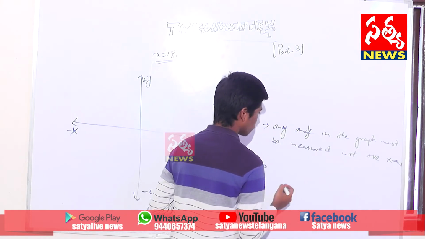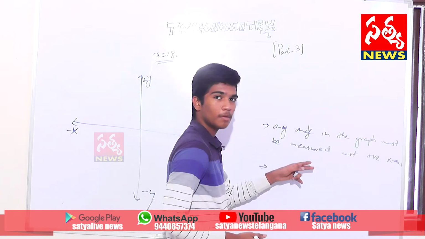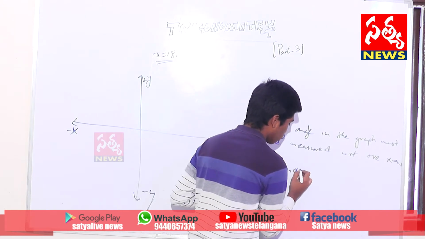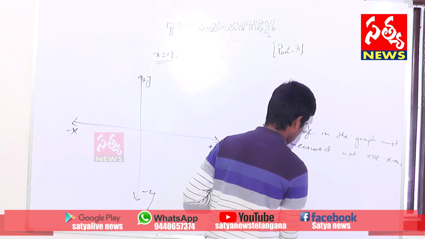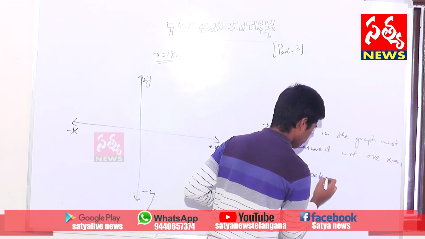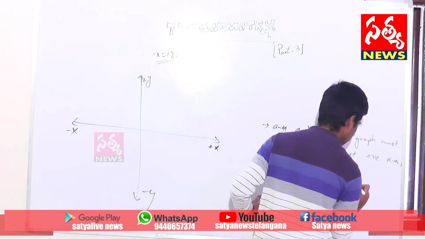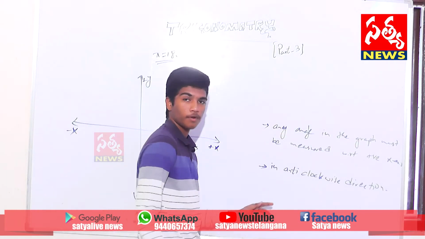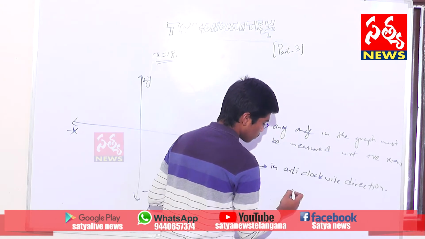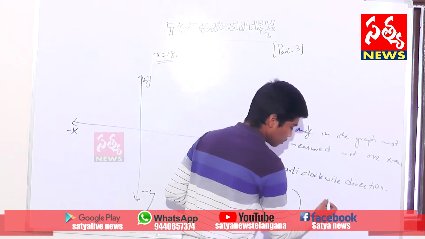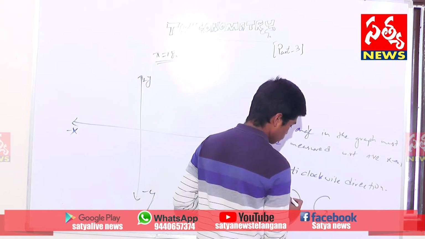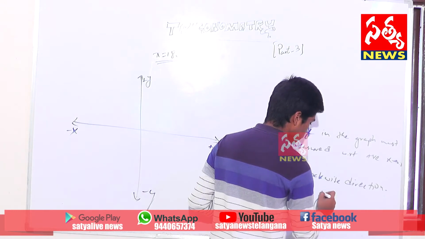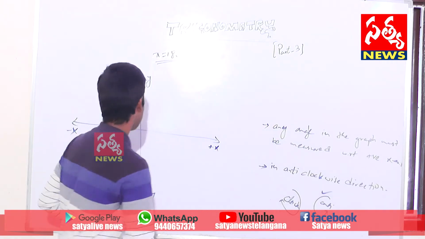And the second is that it is measured from the positive x-axis in the anti-clockwise direction. All of you know the anti-clockwise direction, right? This is clockwise and this is anti-clockwise. This is the way we take here.